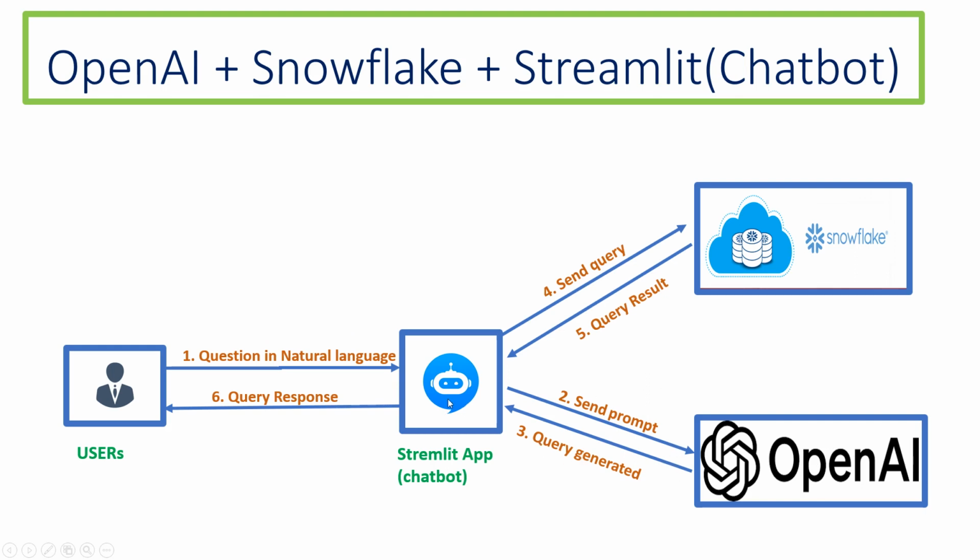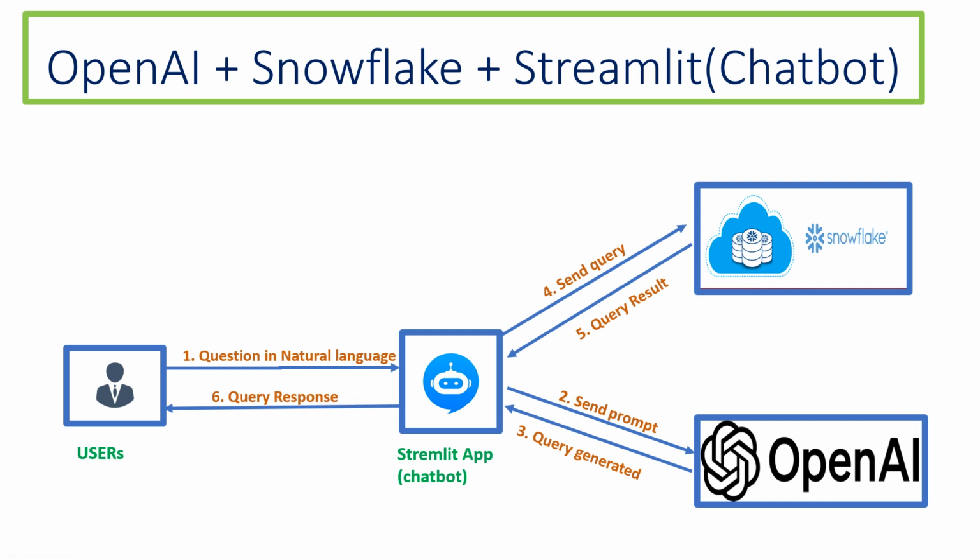Those generated queries will be sent to Snowflake, and Snowflake will return the query results to us, and those results will be shown to us in this same bot. It's all using natural language. We are not going to write any SQL queries for this exercise.